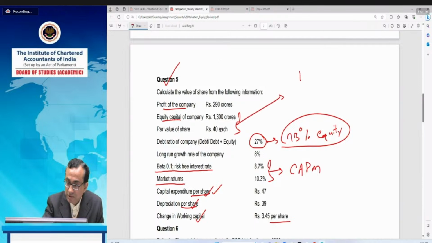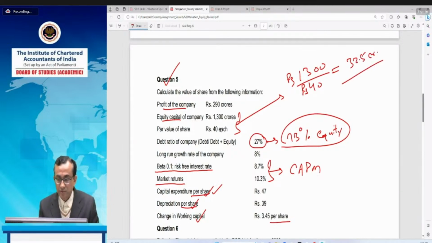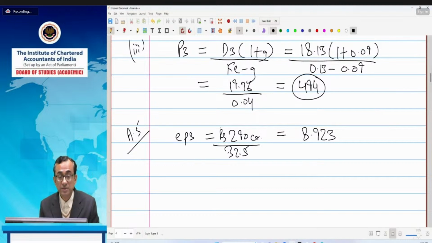So basically it will be 1,300 crore divided by rupees 40. 1,300 divided by 40 is 32.5 crores. So number of equity shares is 32.5 crores. So 290 upon 32.5, it will come to 8.923. That is the EPS.